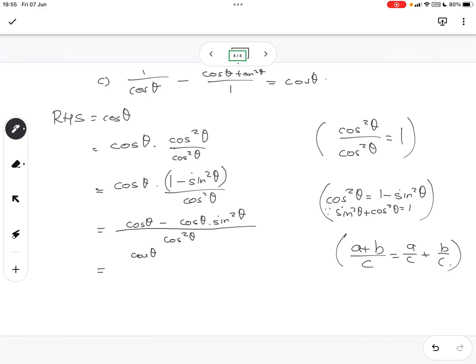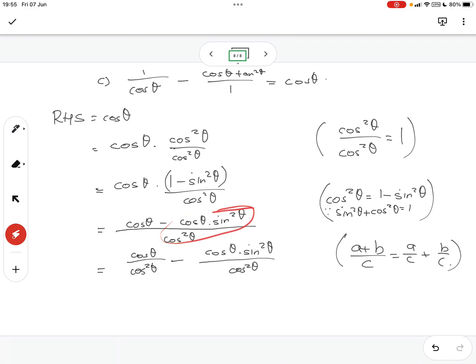Then what we can do is separate the fraction. So how we do it, a plus b over c is the same as a over c plus b over c. And what we do is cos theta over cos squared theta minus cos theta times sine squared theta over cos squared theta. Can you see that? This is one fraction and this is another fraction.